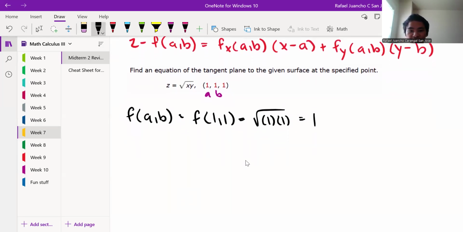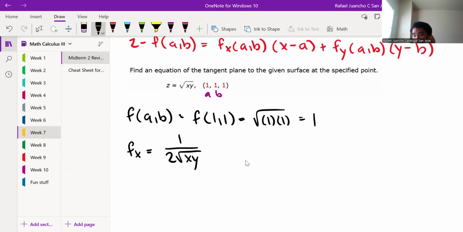f sub x. Well, that one we have to compute some partial derivatives to get. So f sub x of this thing is going to be, let me see, we bring it up front, right? We have 1/2 of this thing times the chain rule. Oh, oops. This is 1 over 2 square root of xy.